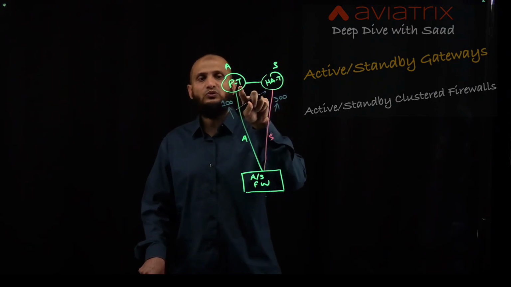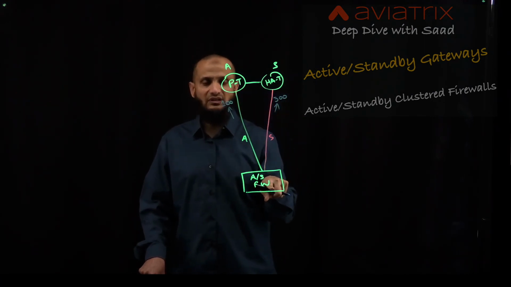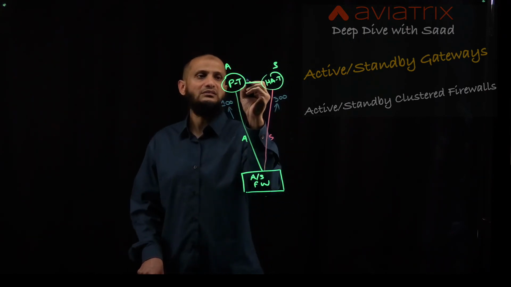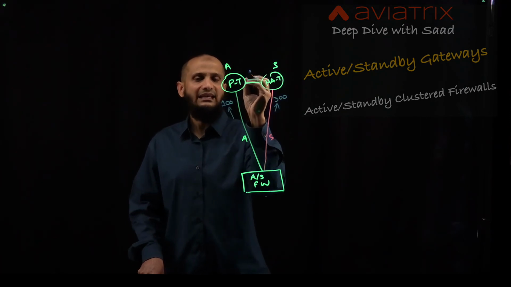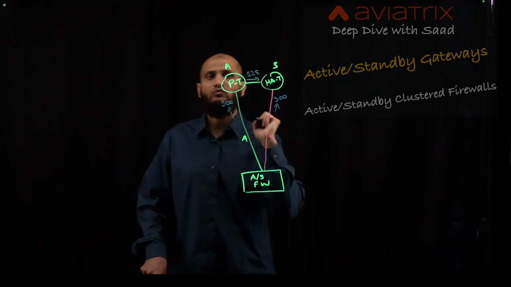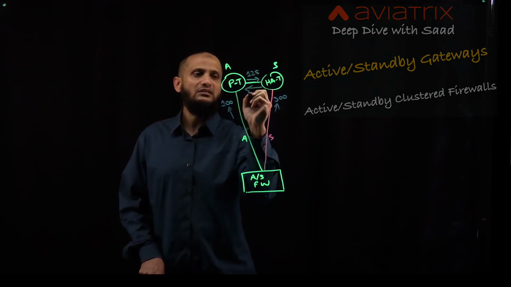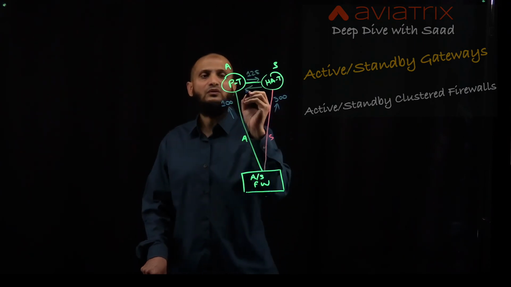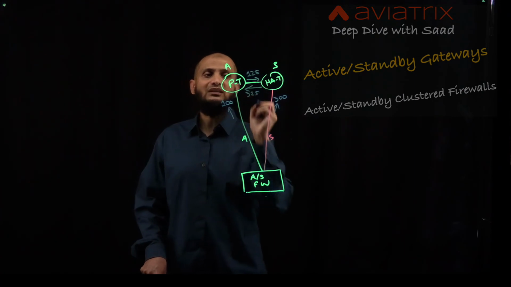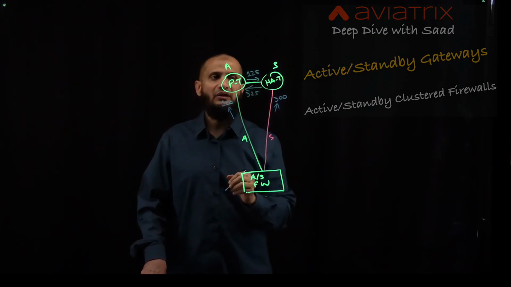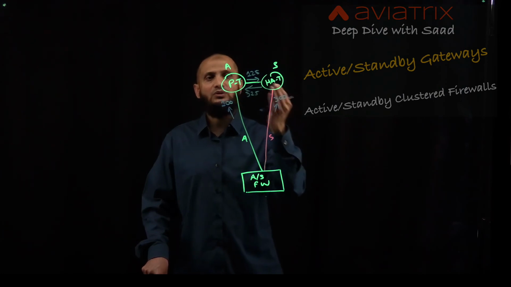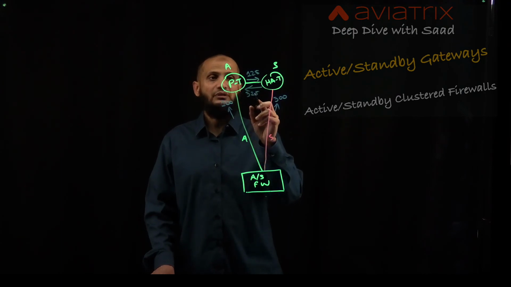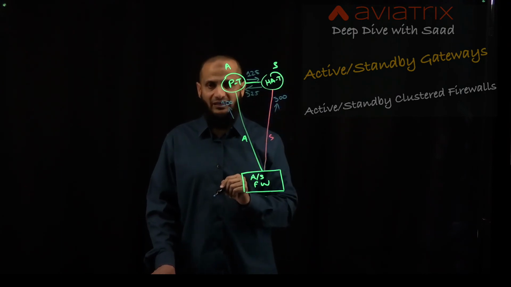Primary is going to advertise the same routes which it received from the active standby firewall, which is the cluster in this scenario, in this direction with a metric of 125. While HA is going to advertise the routes that are received from the clustered firewalls over here with a metric of 325. So as you can see, these are much higher metrics from the HA gateway towards the primary gateway. So the primary gateway is never going to prefer the routes coming from the HA or standby gateway in this scenario.